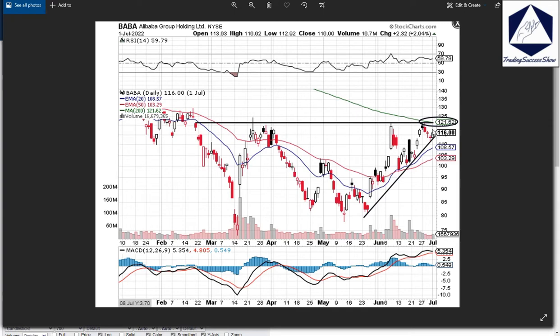I talked about it last week in my previous video. I talked about the possibility of Alibaba getting to that 200 moving average and rejecting it. That is exactly what happened, because we made a double top around this 200 simple moving average, only to pull back down and hold our uptrend right here.